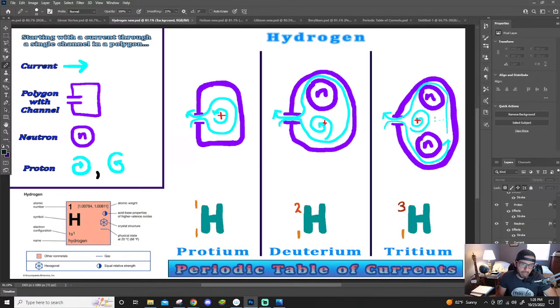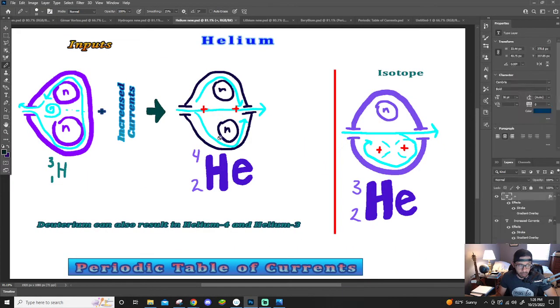But then a second neutron comes in, and at that point, this eddy and the inlet are in line because of the neutron just taking a position over here. So the eddy then is more in line with this current. So it just essentially cuts across and cuts through the initially single channeled polygon to then enter into helium.